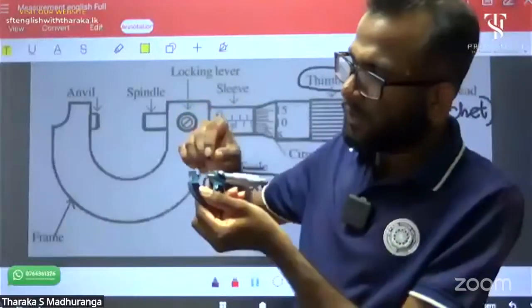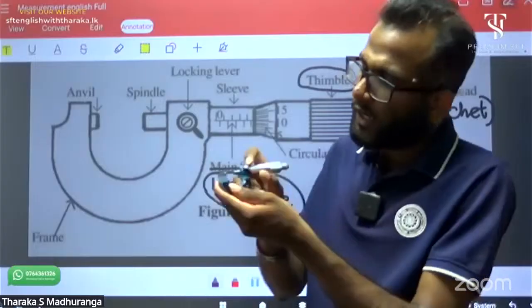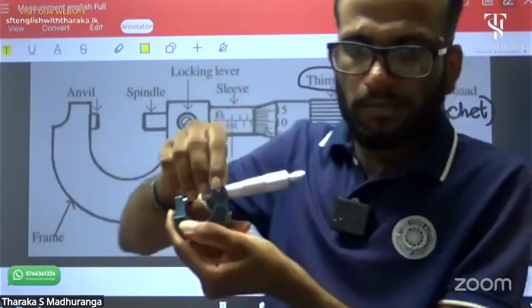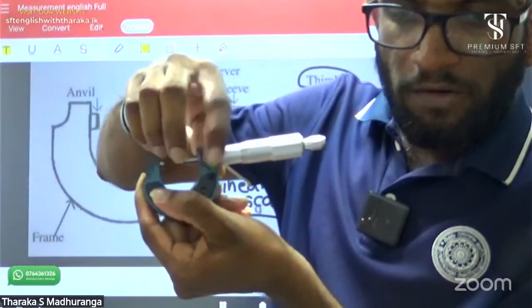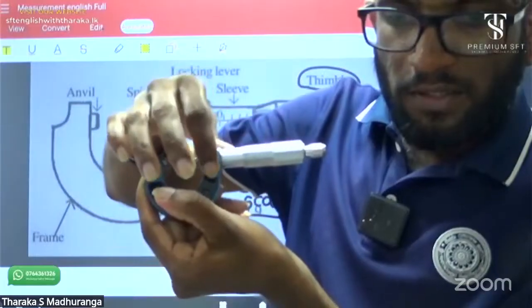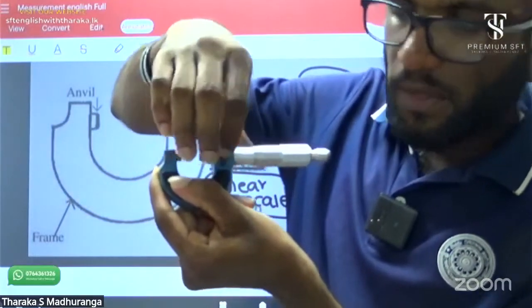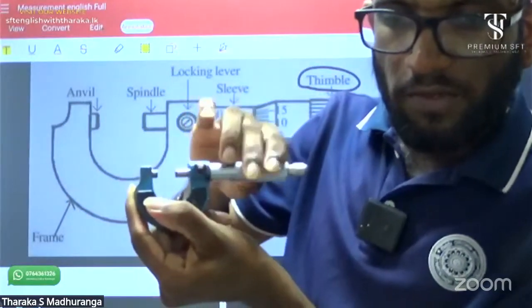Very good. Okay, they are the main parts of the micrometer screw gauge, and there is another mechanism. Can you see there is another lever here? What's the purpose of that? Using this lever, this is the unlocked stage. Then we can rotate this.